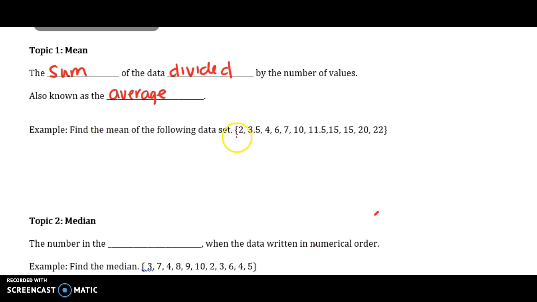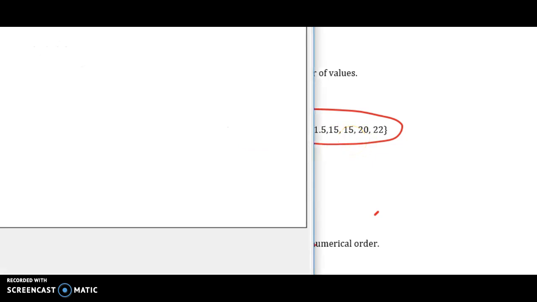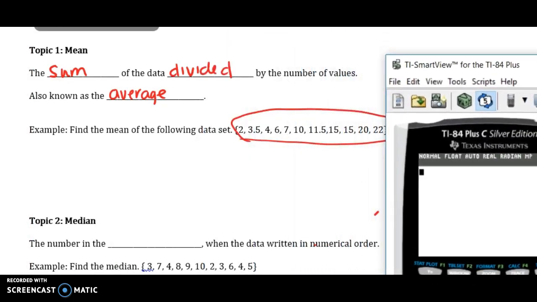So this says calculate the mean of the following data set. You have several numbers here. First, you need to calculate the sum of all the numbers. So grab your calculator. This is in the window so you can see it.